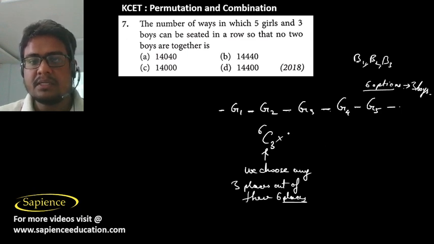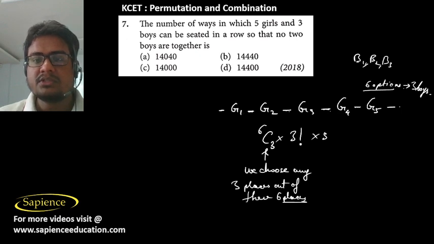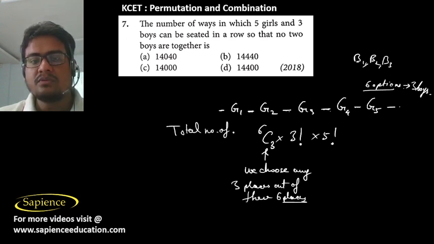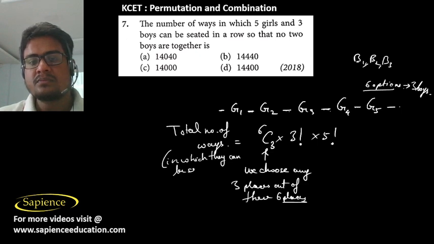And those 3 boys can be arranged also in 3 factorial ways, and these 5 girls can also be arranged in 5 factorial ways. So therefore this is the required total number of ways in which they can be seated in a row.